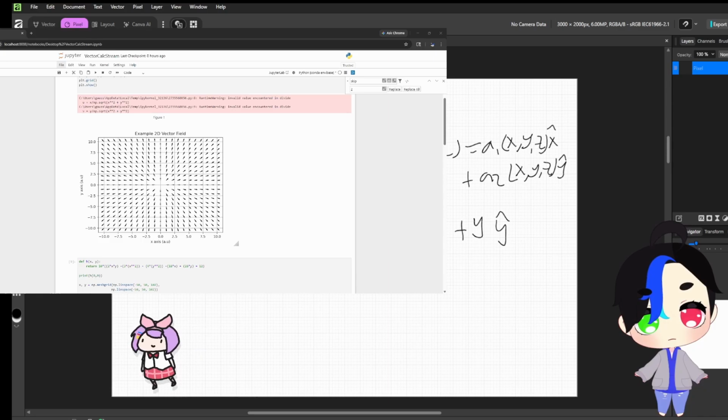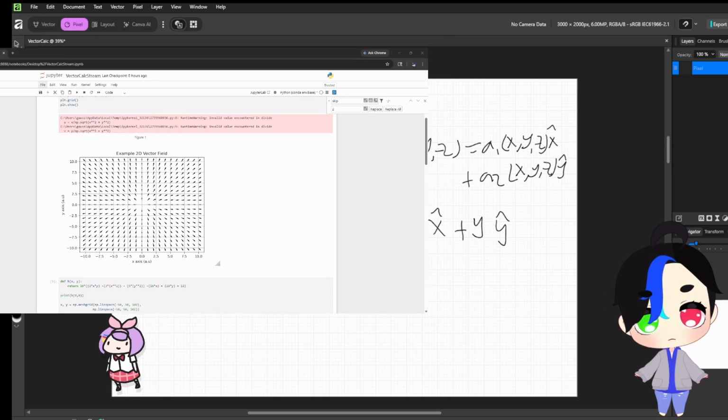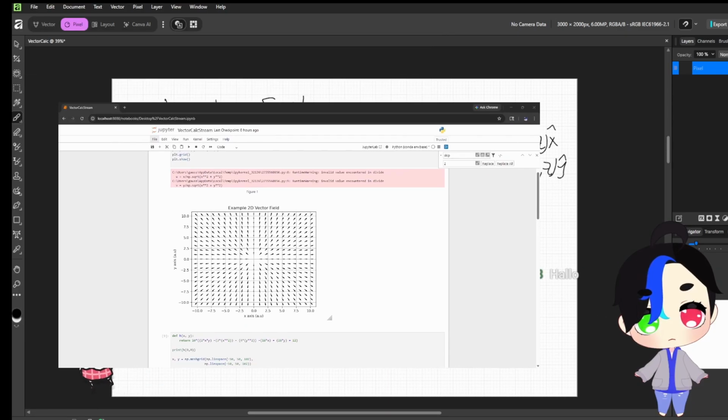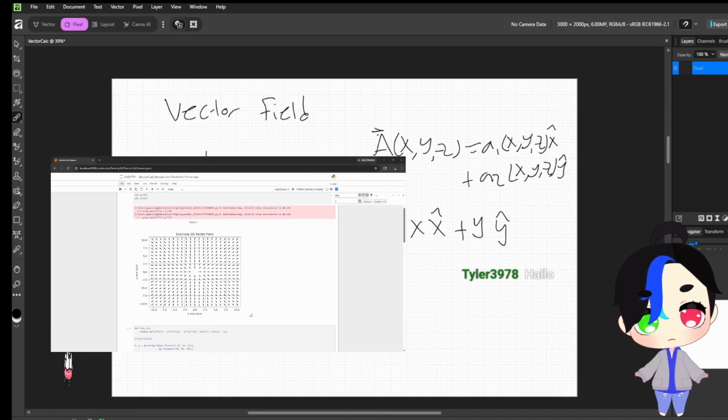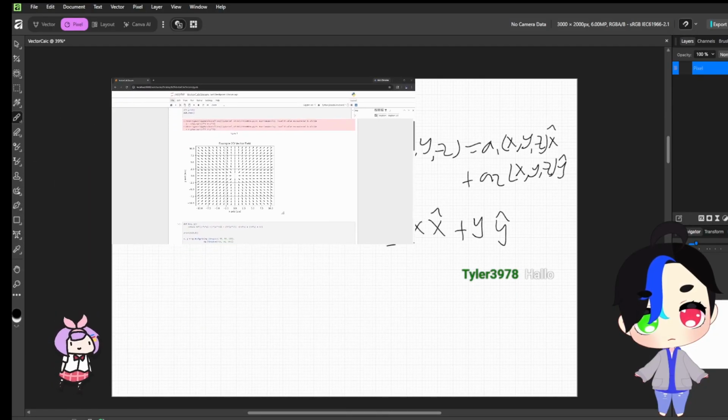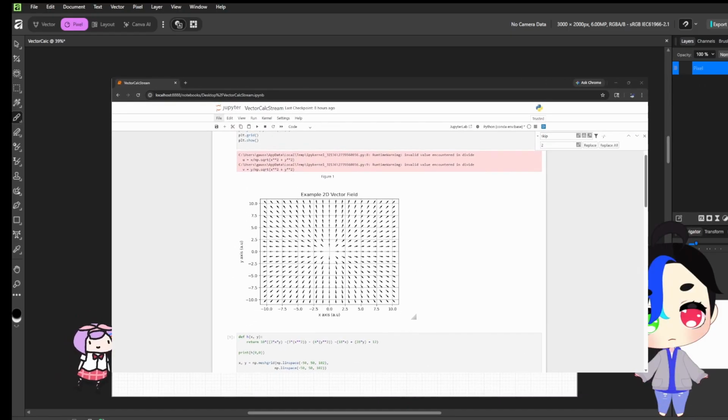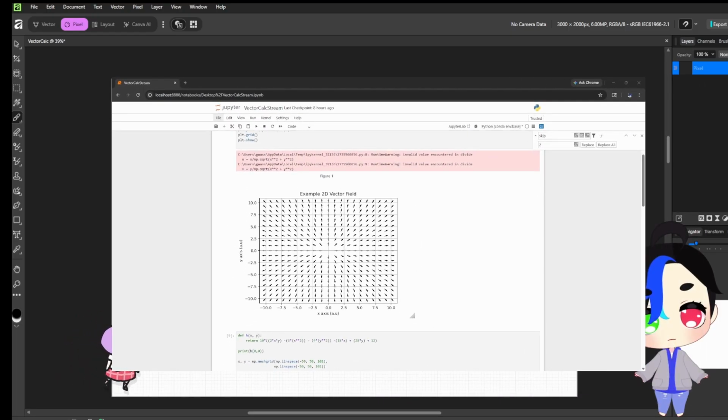So what that means, let me shrink this some more. Hello. How are you, Tyler? No, because I want to make this bigger. Okay. So what this means is that as you increase in x, the x component of your vector will get larger and larger.